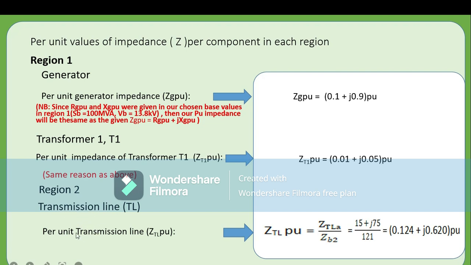So we look at the base impedance for region 2 so that we can convert this actual value to the per unit value. The base impedance in region 2 is 121. When you divide, you arrive at the per unit value of the transmission line.